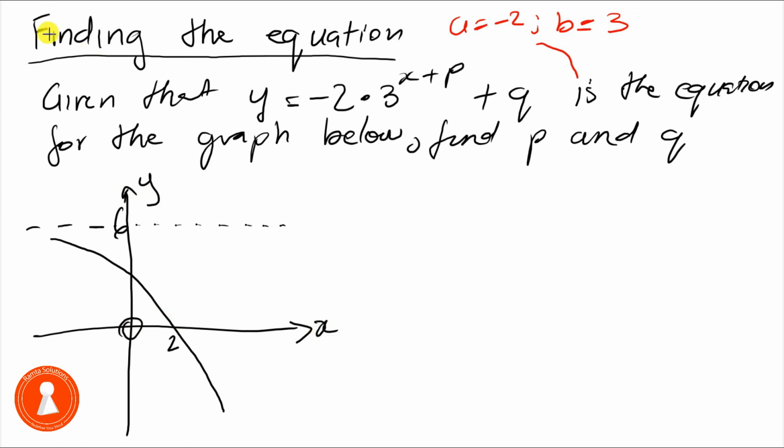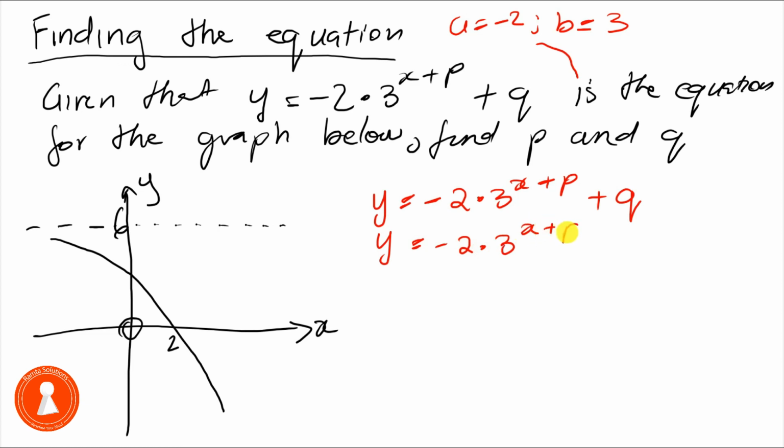Now, we know y equals negative 2 times 3 to the x plus p, plus q. What we can see from this graph is that it has a horizontal asymptote, which is the value of q, which is 6. So y equals negative 2 times 3 to the x plus p, plus 6.